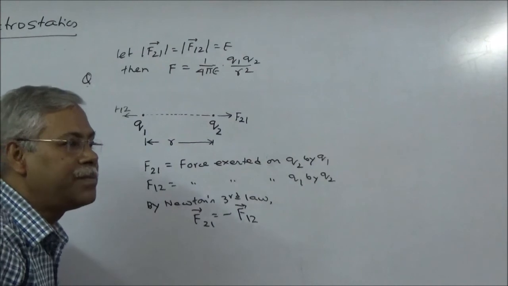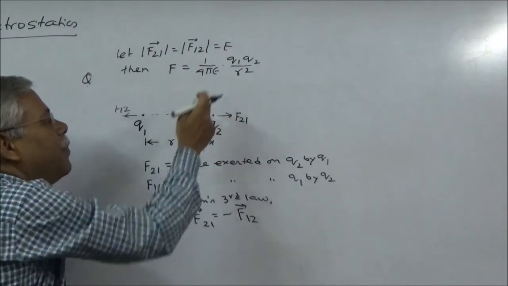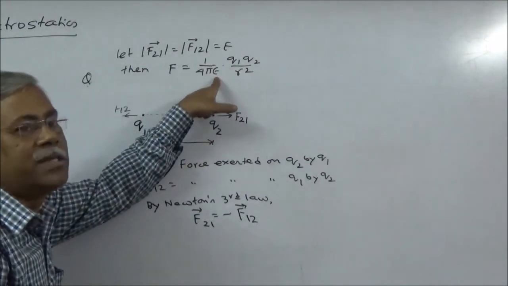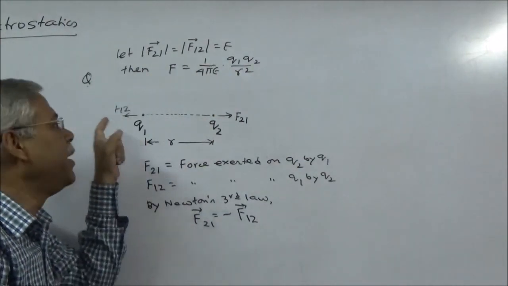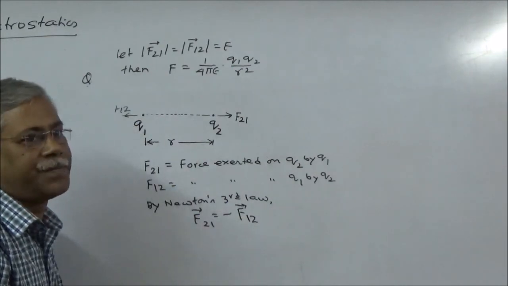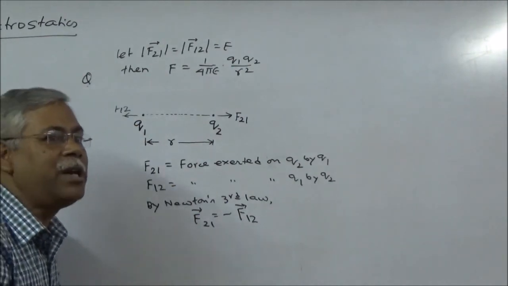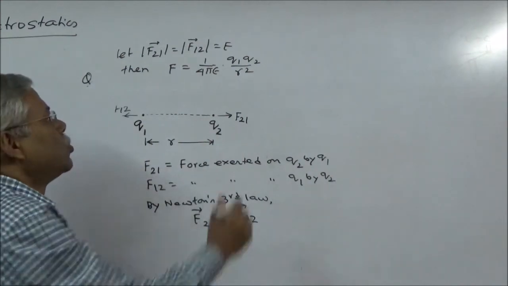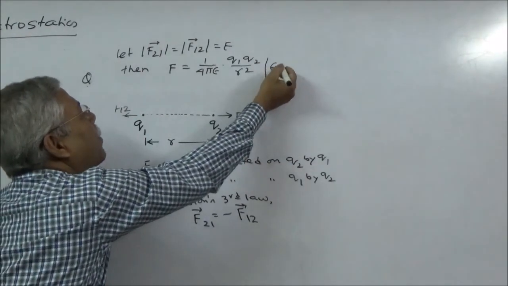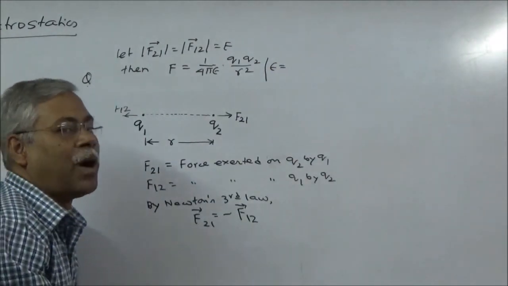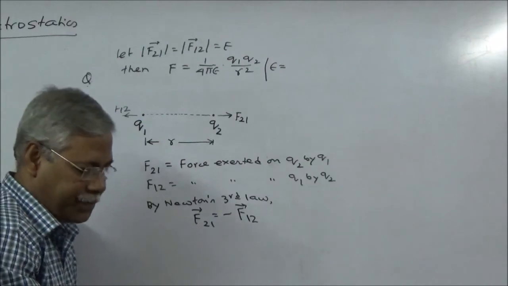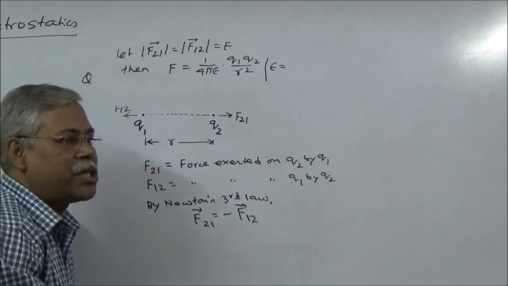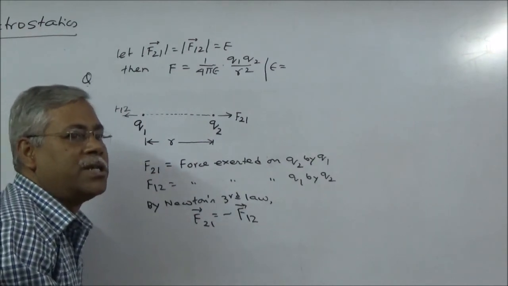What is epsilon? Epsilon is called the permittivity. Epsilon is the permittivity of the medium in which these two charges are placed. So in bracket you write epsilon equals permittivity of the medium in which the charges are placed.